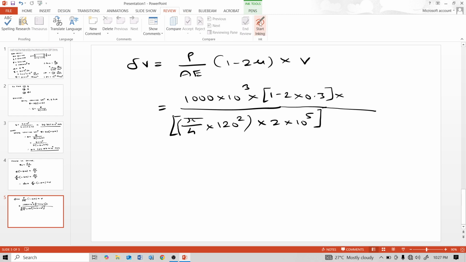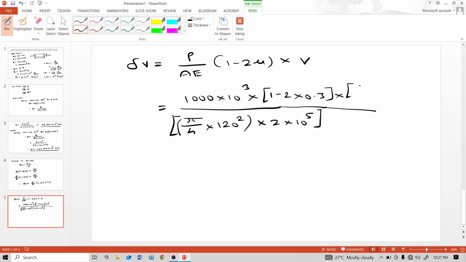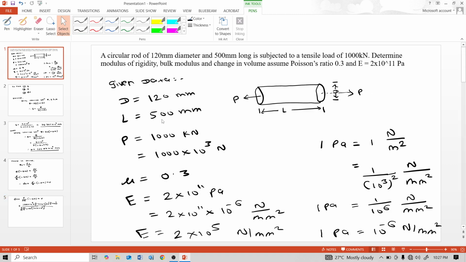Here area is pi by 4 into 120 square, and length is 500 mm.